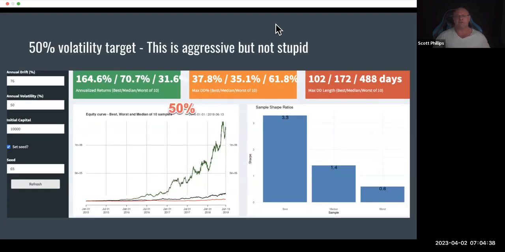Okay, so let's look at a 50% volatility target. This is what I run, by the way. This is my personal thing. This is aggressive, but not completely stupid. Our best result, 164% with a 37% drawdown. Hope for the best, plan for the worst. The worst result, 31.6% with a 61% drawdown that lasted 488 days.